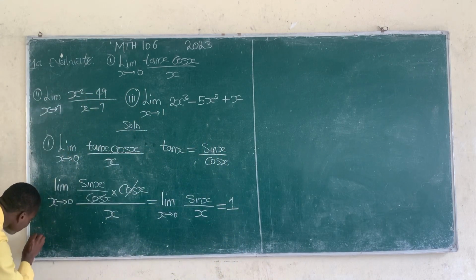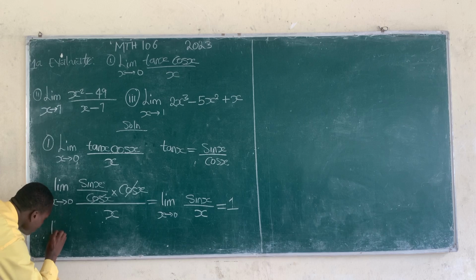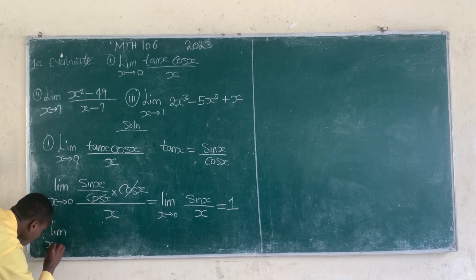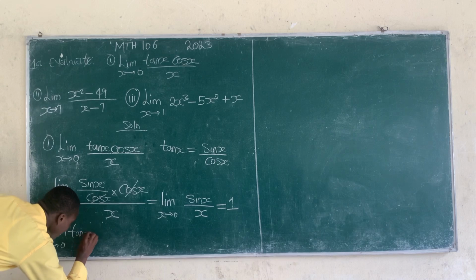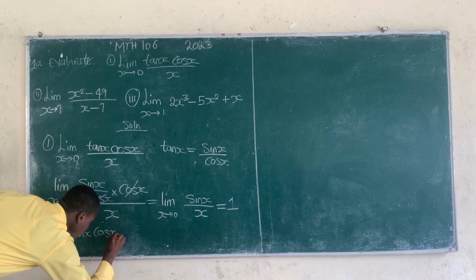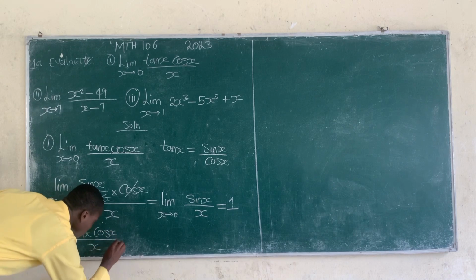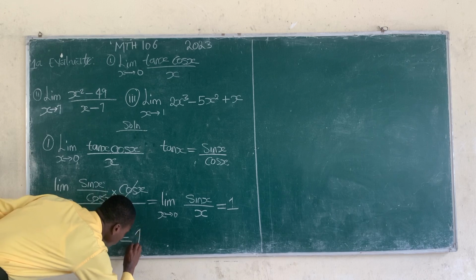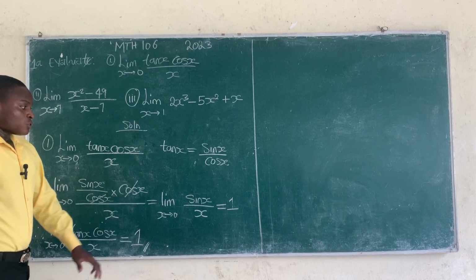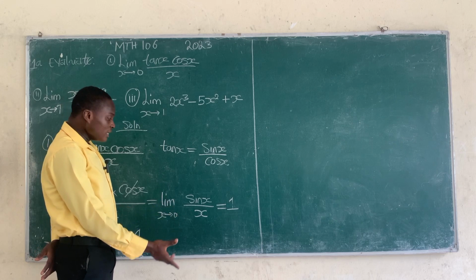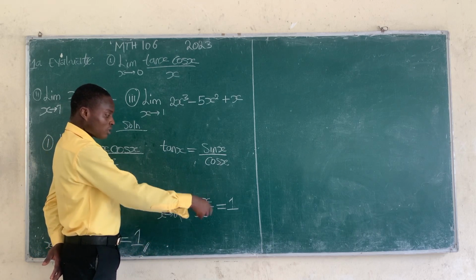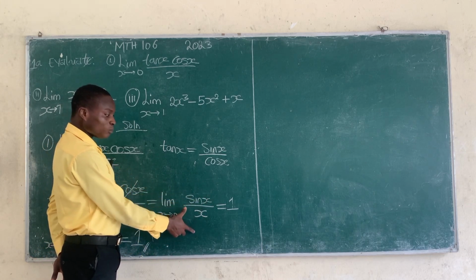So therefore, the limit as x approaches 0 of tan x cos x over x is equal to 1. For the sake of your exam, if you evaluate any limit and you come across this form, just put 1.